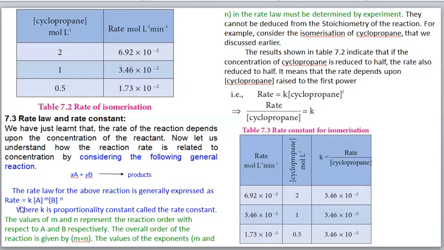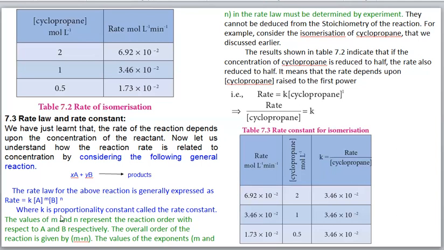The rate actually depends upon the concentration of reactant raised to a power. Sometimes these numbers are obtained from experiment only, not from the stoichiometric equation. The value of m may or may not equal x, and the value of n may or may not equal y.